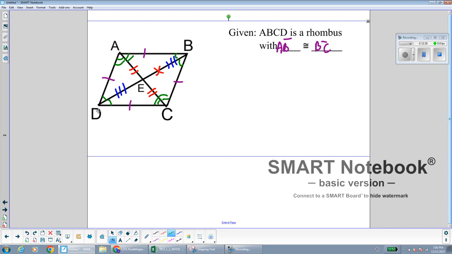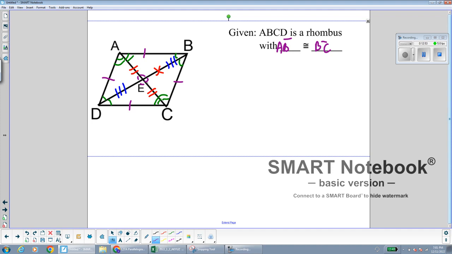And also, we can use CPCTC to say this angle and this angle are congruent, and this angle and this angle are congruent. But if these are congruent angles and they're also supplementary to each other, then they have no choice but to be 90 and 90 to make 180.